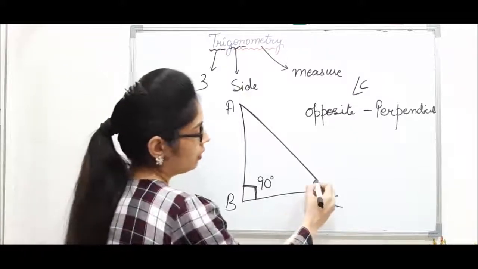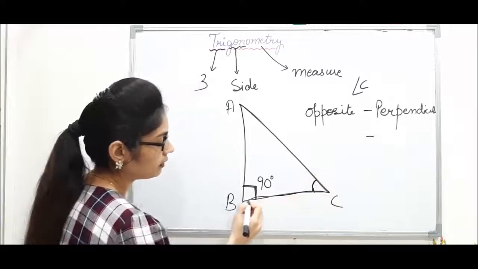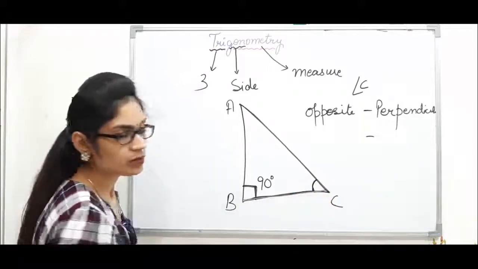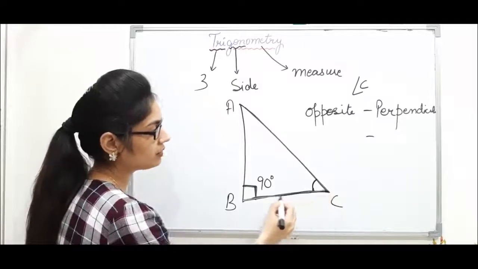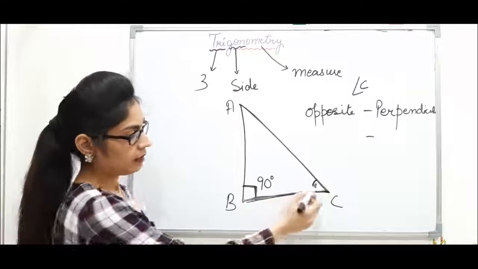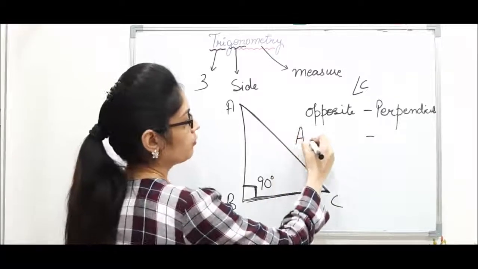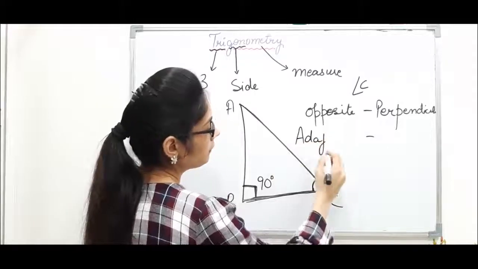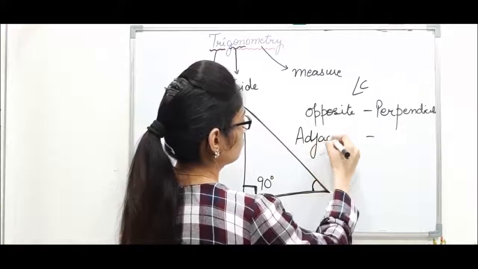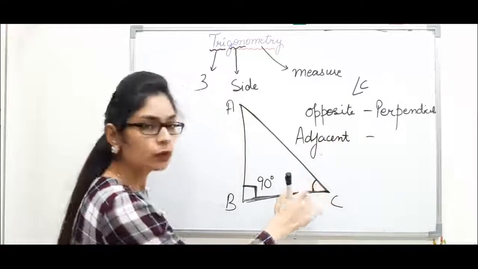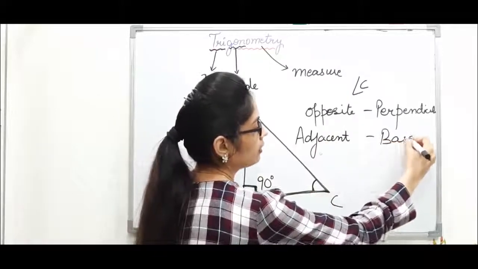Now for the base, see this side, the adjacent side. Adjacent means the side which is nearby or next to this angle. The side next to this angle is BC. So this is the adjacent side. With respect to this angle, the adjacent side is the base.